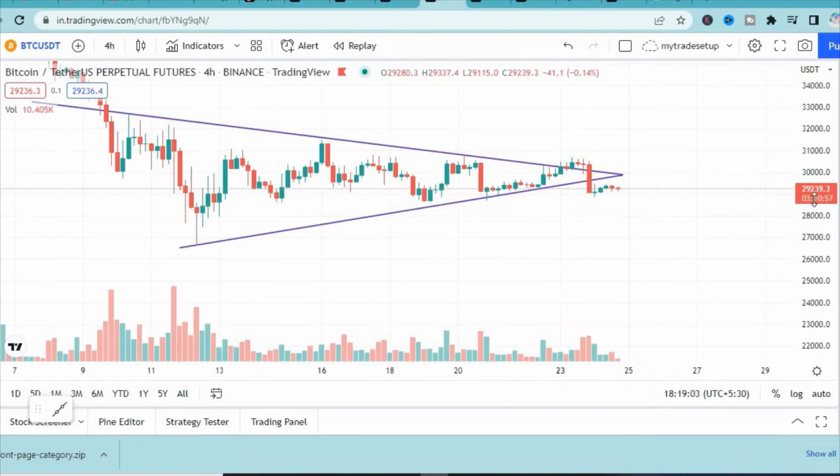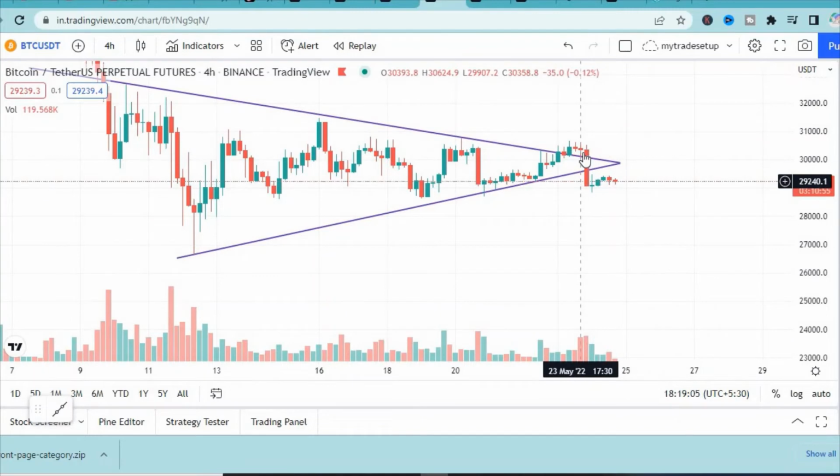Initially, I thought that both the trend lines would offer pretty decent support, but it looks like this trend line offered one level of support and this trend line couldn't offer any level of support. Now it pierced through both the trend lines with one single candle and is trying to consolidate now.